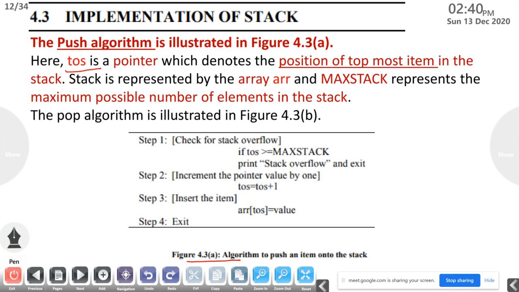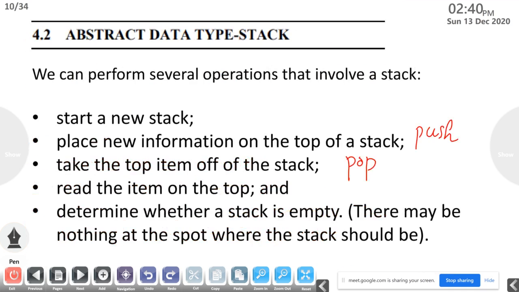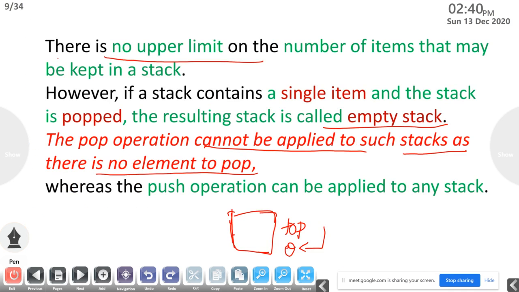The stack is represented by the array ARR. Here we implement this by using an array. The name of the array is ARR, and max stack represents the maximum possible number of elements in the stack. Why? In the previous slide we discussed that there is no upper limit on the number of items that may be kept in a stack, but here we are giving an upper limit.